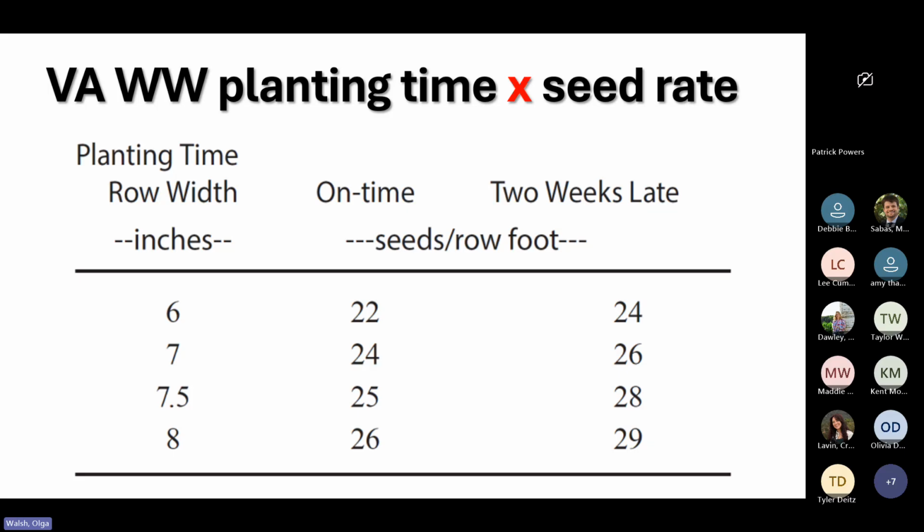So there's a lot of research that has been done, in particular looking at different varieties of wheat, planting time, and combination with different seeding rates. And you can see that there's recommendations based on planting time and row width in inches.